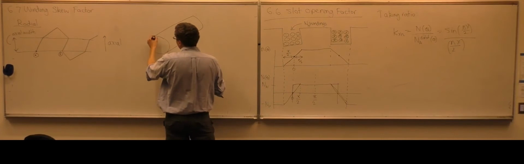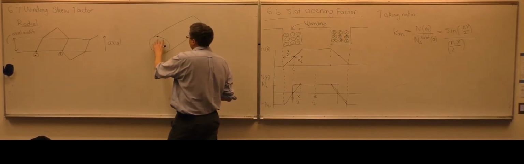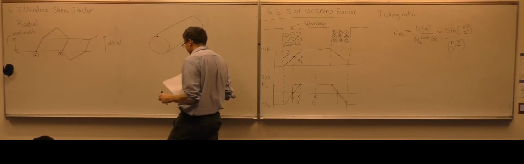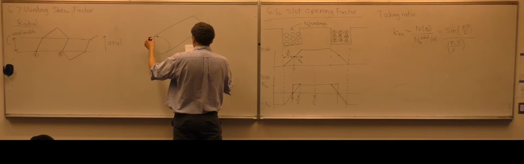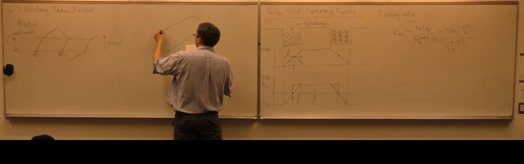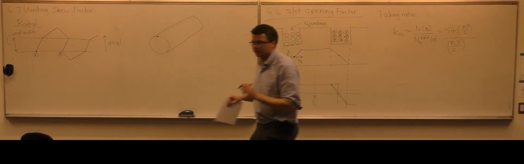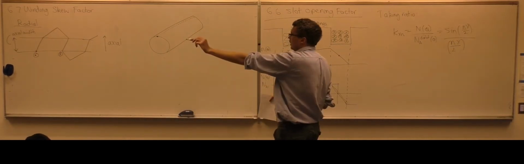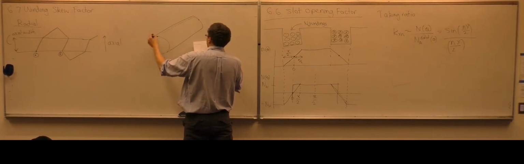So this is the machine. It could be the rotor or the stator, which have the winding. Now, that dotted line would be directly going axially across, right? So then the winding would, instead, have a skew.